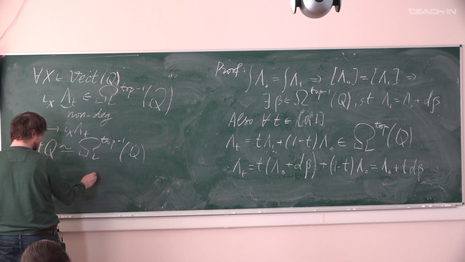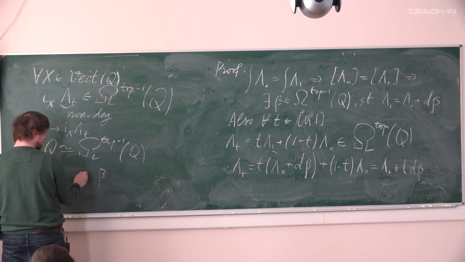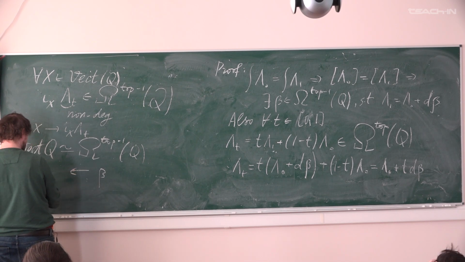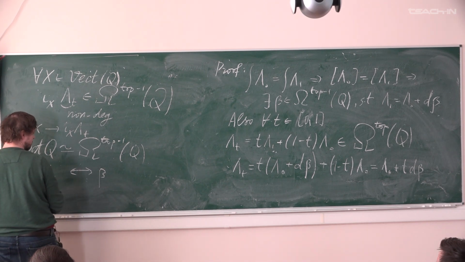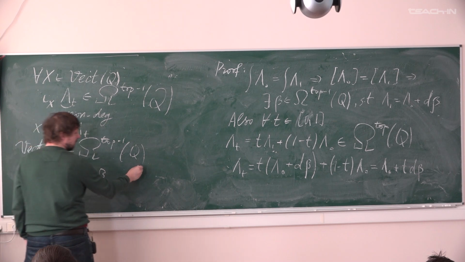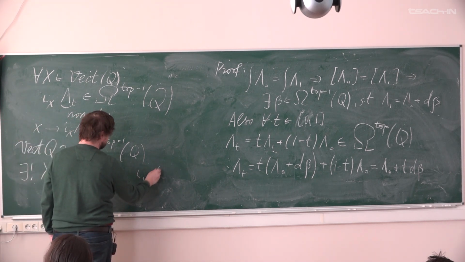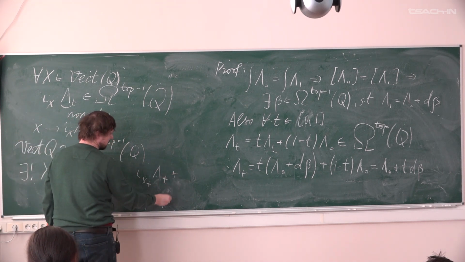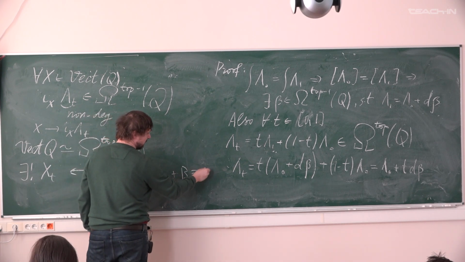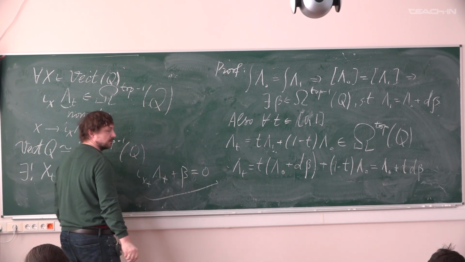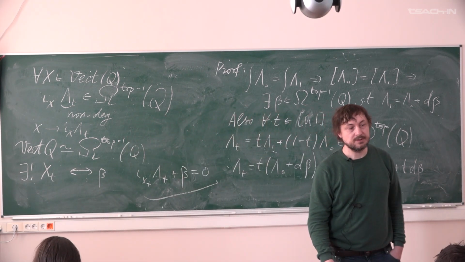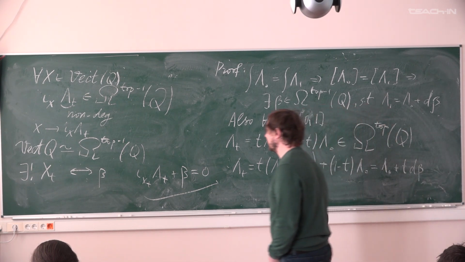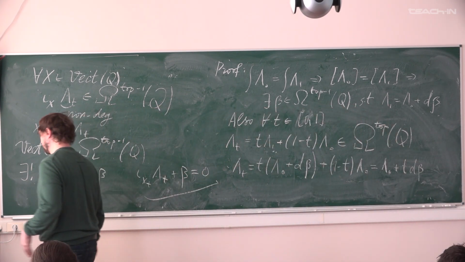That means that if we take beta here, then we obtain a unique vector field x sub t such that i xt of lambda t plus beta is equal to 0. You can do this just by changing the sign, but that's not a problem.